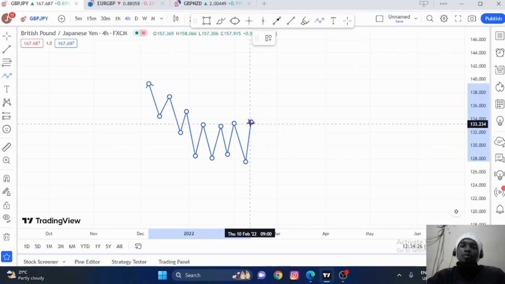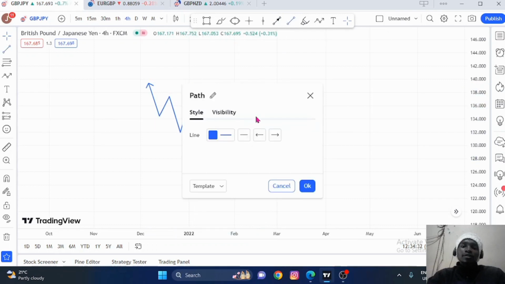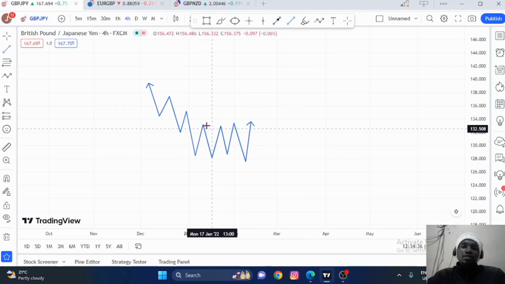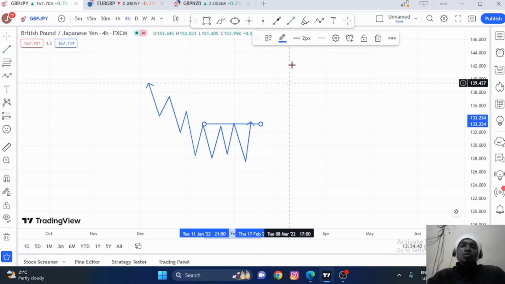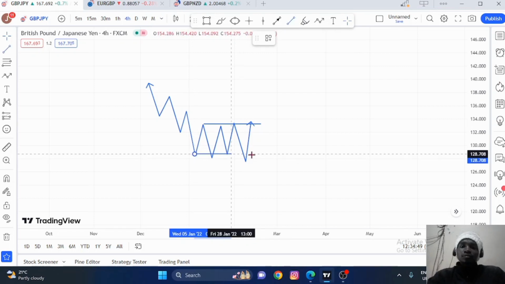Now, let's say this market has consolidated into that state. You can draw your own resistance level here, like this, and you can also draw your support level.